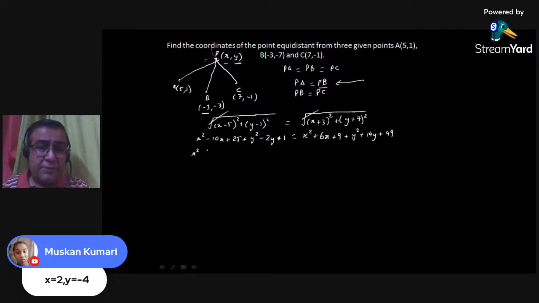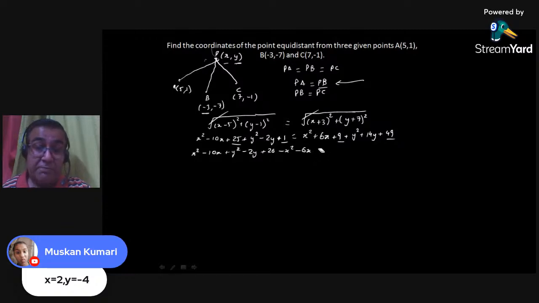We've got x square minus 10x, then 25 and 1 can be combined together, which I'll write in the end, plus y square minus 2y plus 25 plus 1 will make it plus 26, and here we bring the things to the other side, so it will become minus x square minus 6x, so 9 and 49 again I can combine and write it later, and minus y square, because we're bringing it to the other side, so we'll change the sign also.